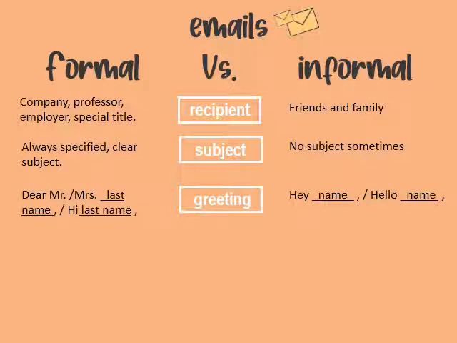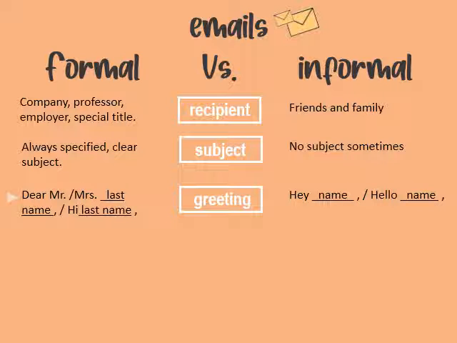Now, the greeting. If you notice, in the greeting in formal emails, we use the word dear or hi and the titles Mr. or Mrs. It is important to highlight that we use the last name of the person.